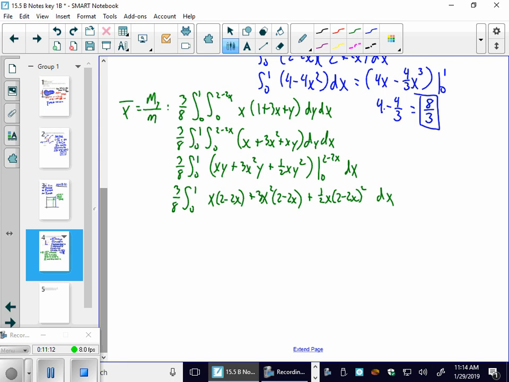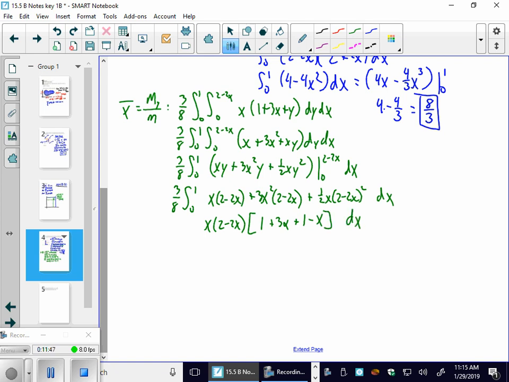So I'm going to factor out an x and a 2 minus 2x. That leaves us, out of the first term, with 1. Out of the 3x squared times 2 minus 2x, it just leaves us with 3x. Out of the 1/2 x times 2 minus 2x squared, we take one of the 2 minus 2x's out and the x, so it leaves us with a half of 2 minus 2x, which again is 1 minus x.